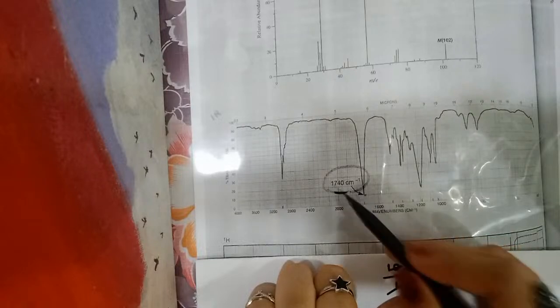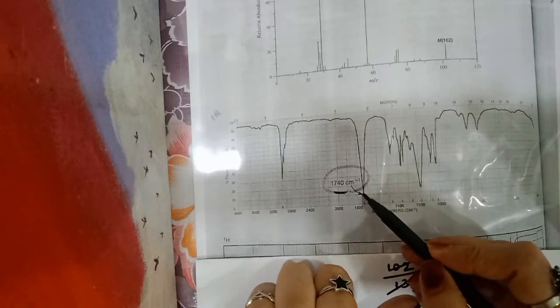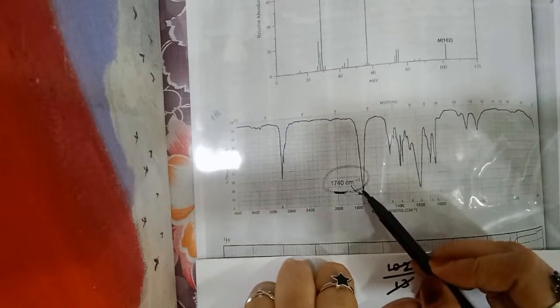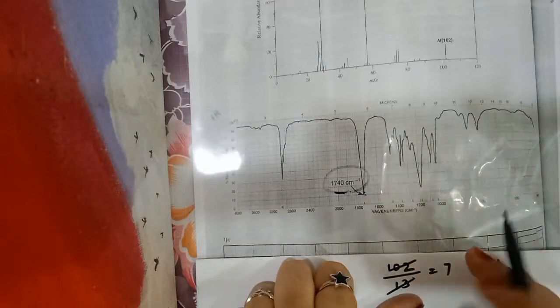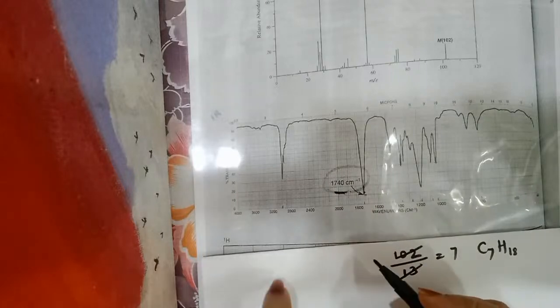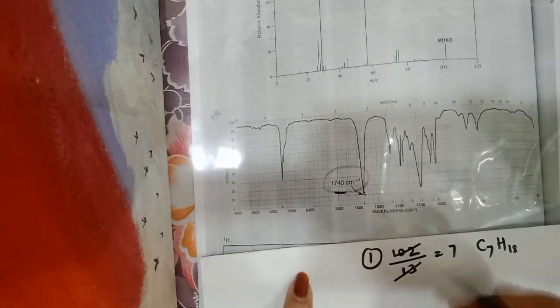The peak is very sharp over here. If the peaks are very sharp, we say that there is a strong absorption at this region. Now, when we see this kind of sharp peak, it suggests a simple unconjugated ester may be present. So, this we have done.